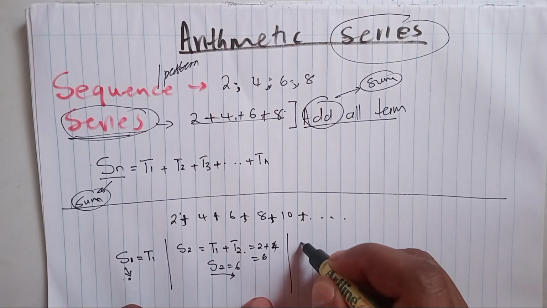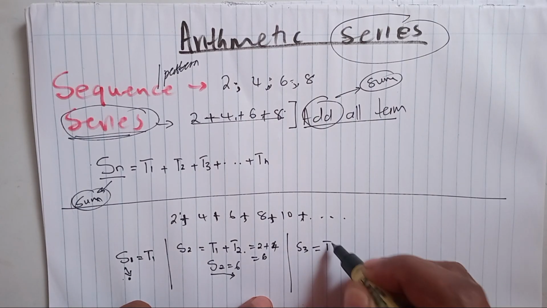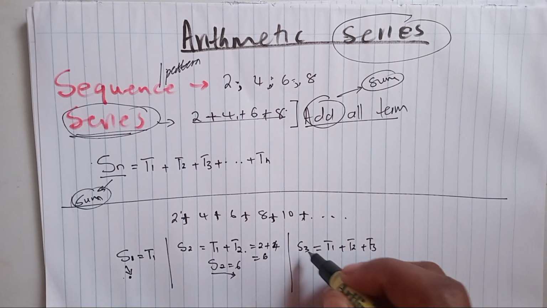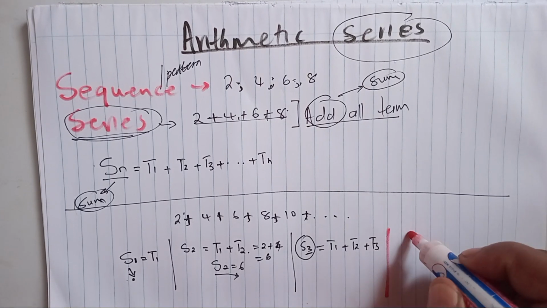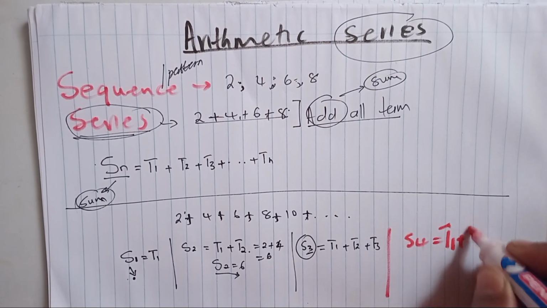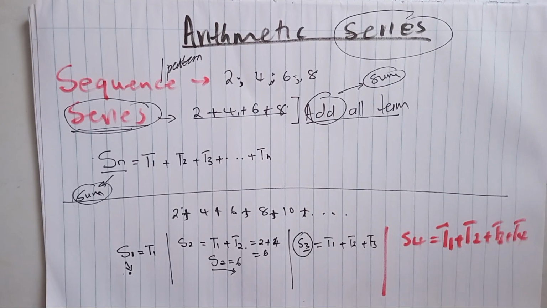And then S3 will be equivalent to T1 plus T2 plus T3. It means that we are adding the sum of the first 3 terms. That's what I'm referring to. So if I'm saying S4, it means it's going to be the sum of T1 plus T2 plus T3 plus T4, the sum of the first 4 terms.